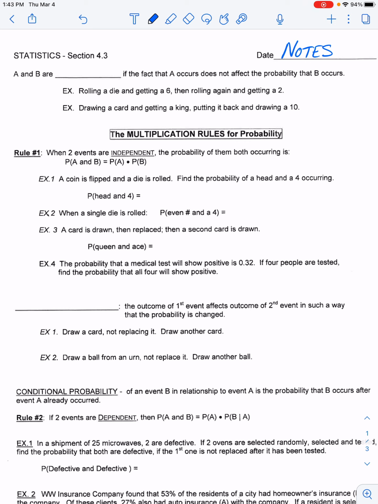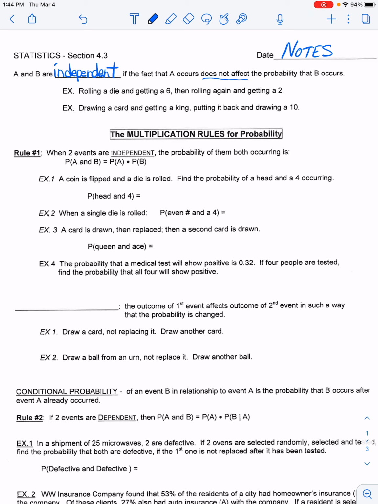We say that A and B are independent if the fact that A occurs does not affect the probability that B occurs. For example, rolling a die and getting a 6, then rolling again and getting a 2.